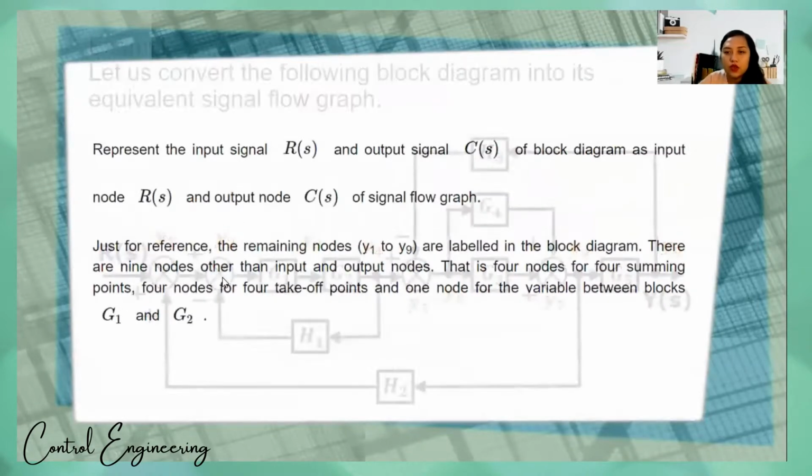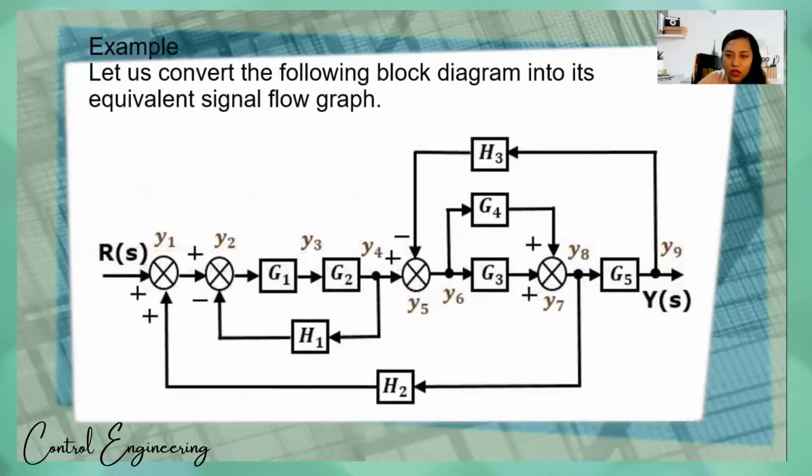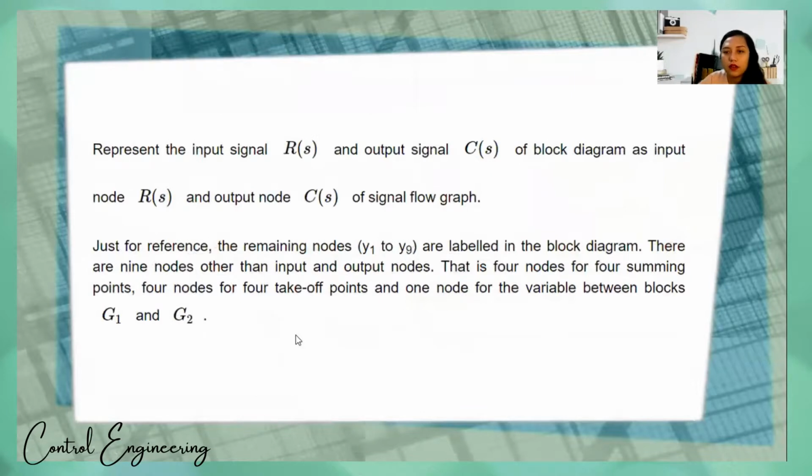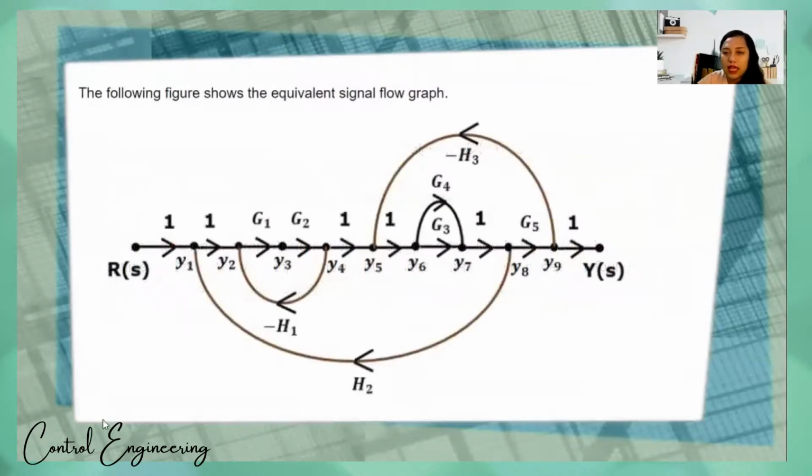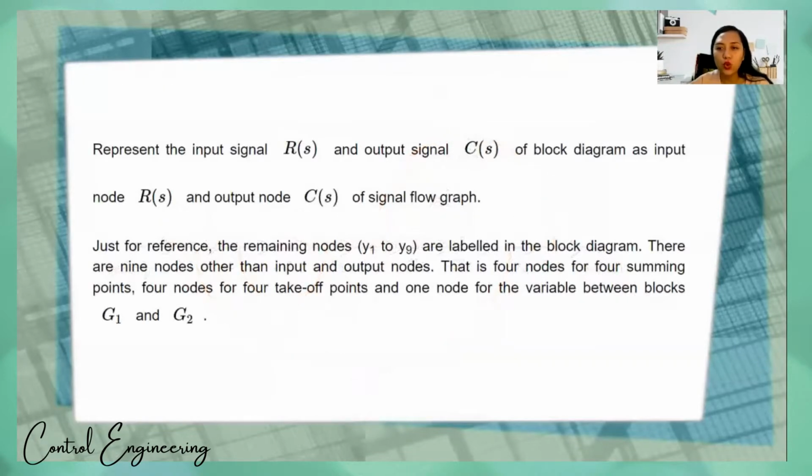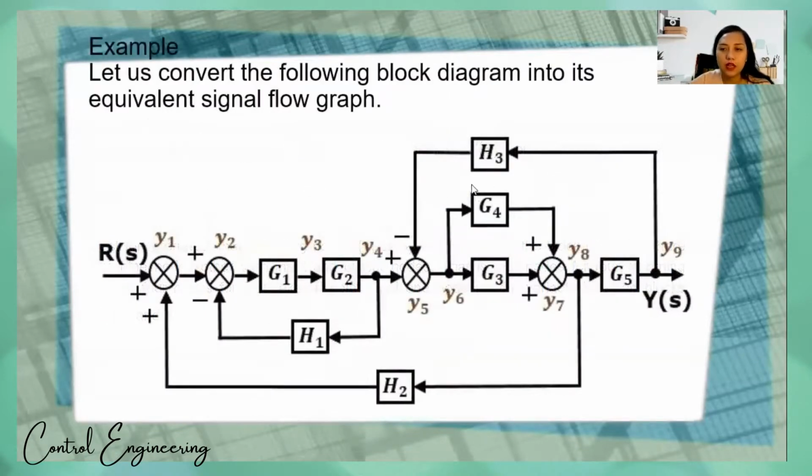Okay? So, do not forget, negative sign ha, negative sign, H1. Yan. Okay? So, nakita ninyo naman yung similarity. Okay? So, Y sub 3, it's in between G1 and G2. Let's see. So, G1, G2. Yan.